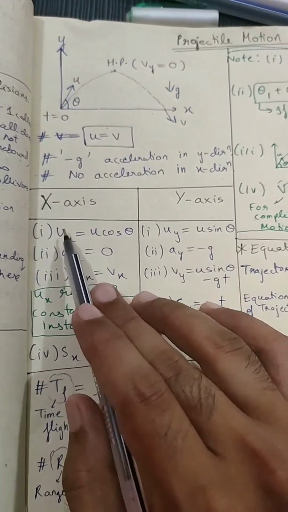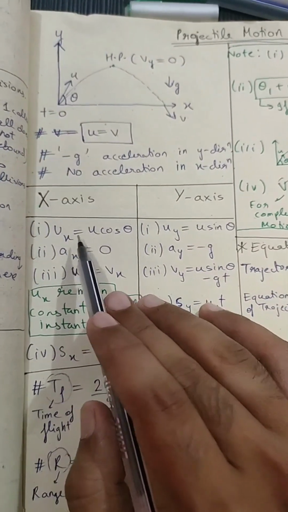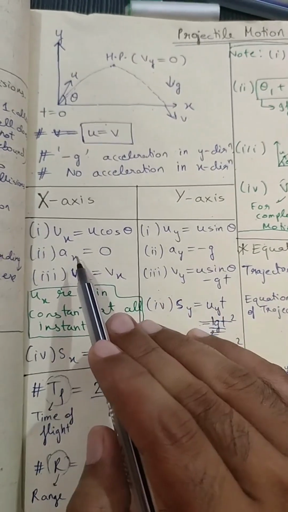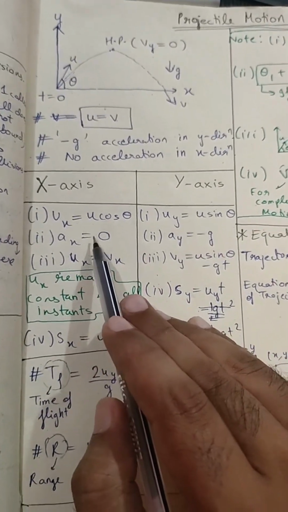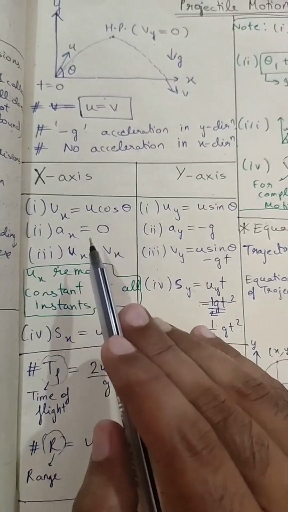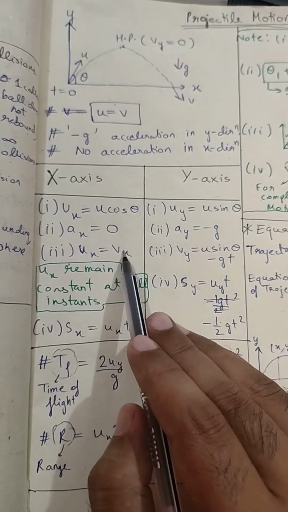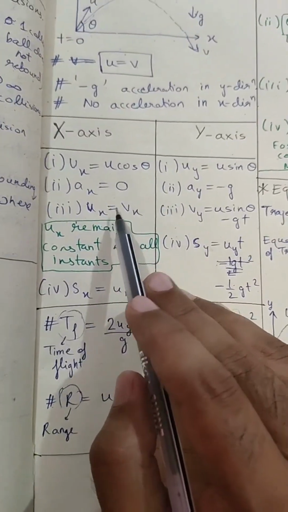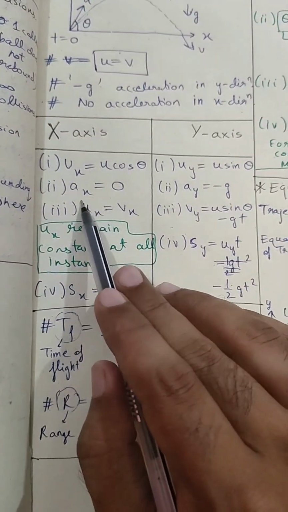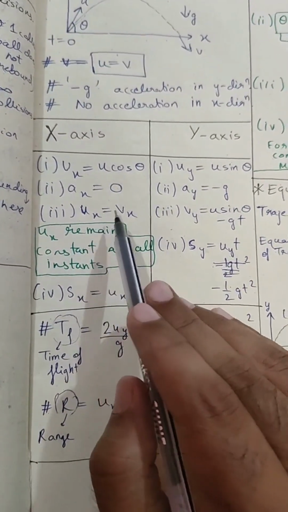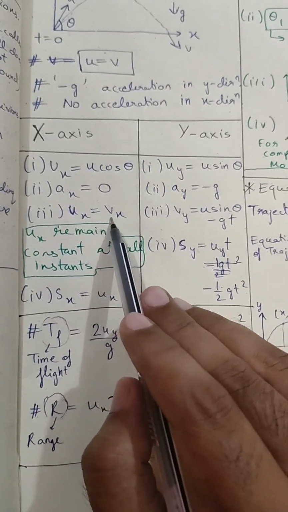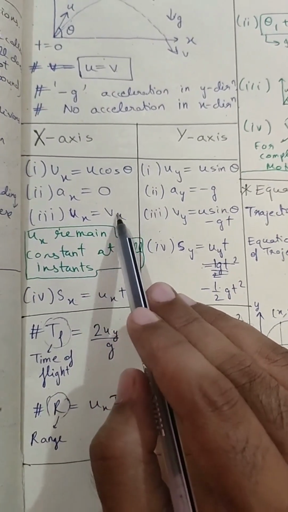Let's consider first the x-axis. ux, the initial velocity in the x direction, is equal to u cos theta. There is no acceleration in x direction, so ax is 0. And a very important point: ux is equal to vx. What does this mean? It means that the velocity in x direction is always the same.